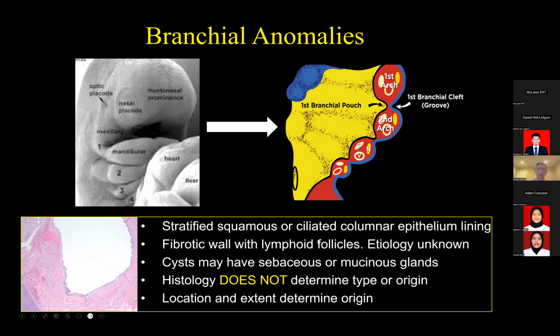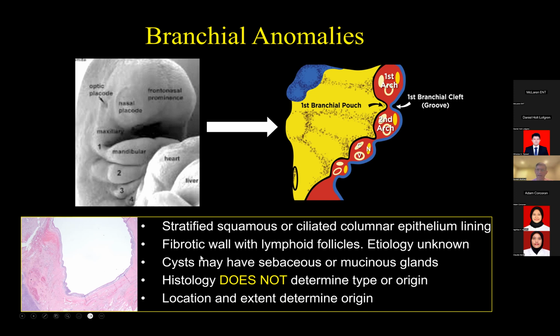Now, one thing about branchial anomalies, and I know we have radiologists on this presentation, which is great, is that the diagnosis of a branchial cleft cyst or a branchial anomaly, again, we'll talk about those, is based on the histologic presence of stratified squamous or ciliated columnar epithelium with a fibrotic wall and lymphoid follicles, okay?